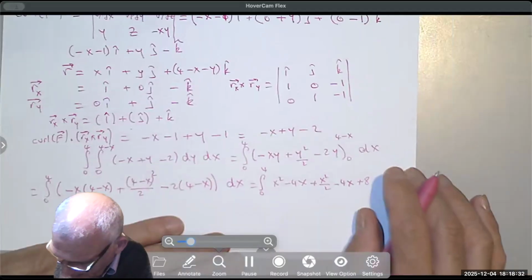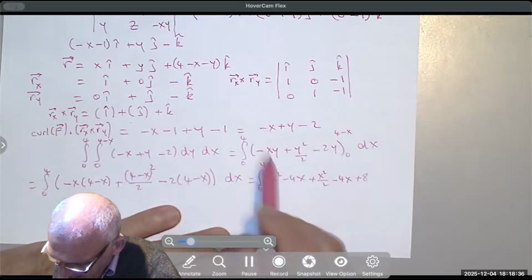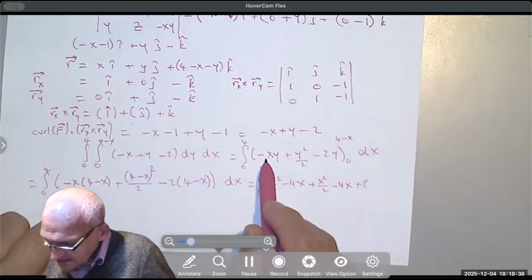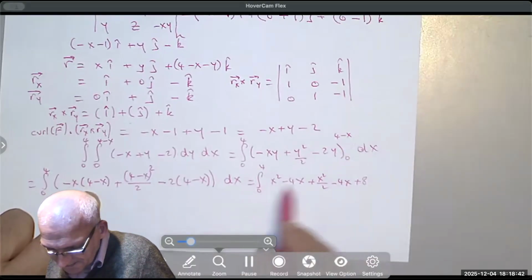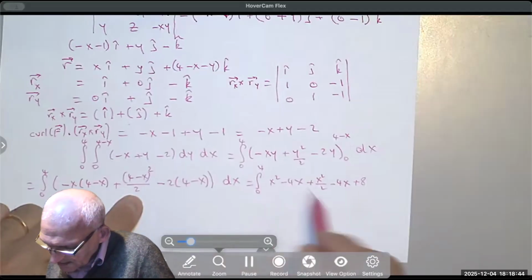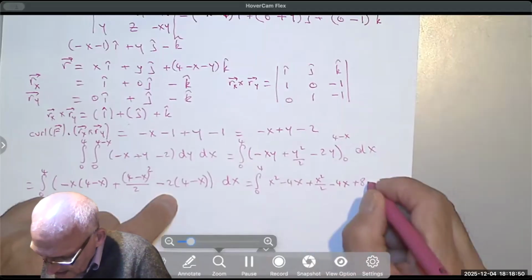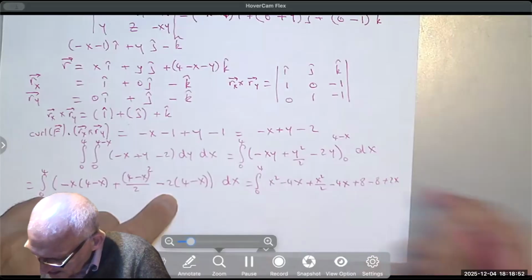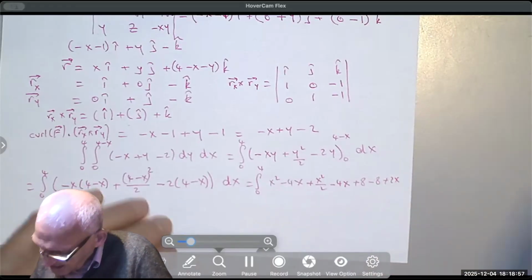Okay, I hope I'm doing it correctly. Let's make sure we didn't mess up. x times (4 minus x), so negative 4x plus x squared. This is x squared minus 8x plus 16 over 2, minus 8 plus 2x. Yeah, so the 8 and the 8 cancel.